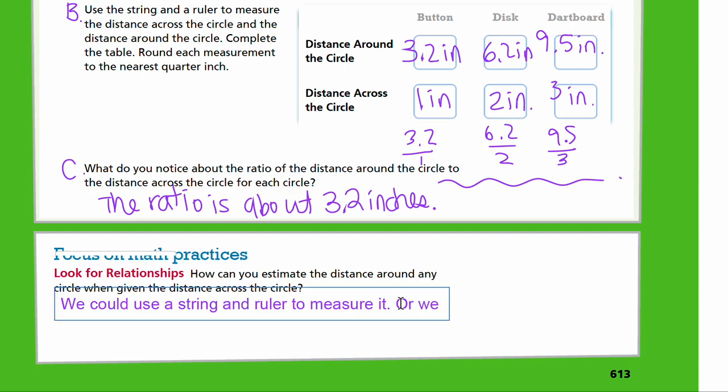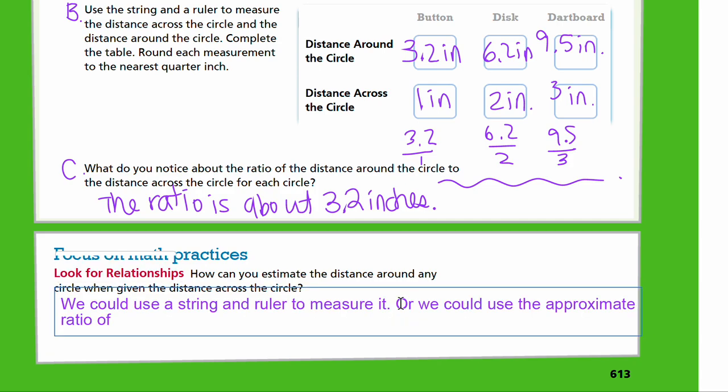Or we could use the approximate ratio of about 3.14, which is pi, by the way. So we've already figured that out a long time ago. So pi is about 3.14. You should get something like that, right?